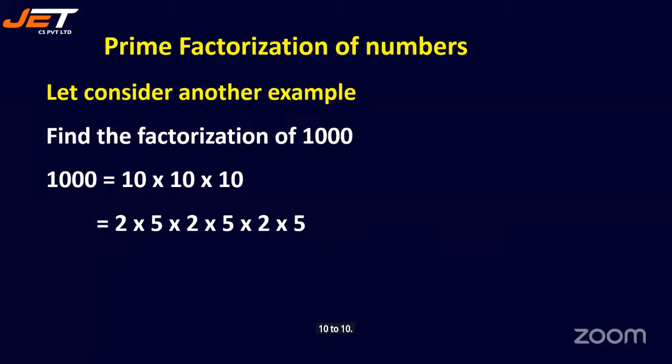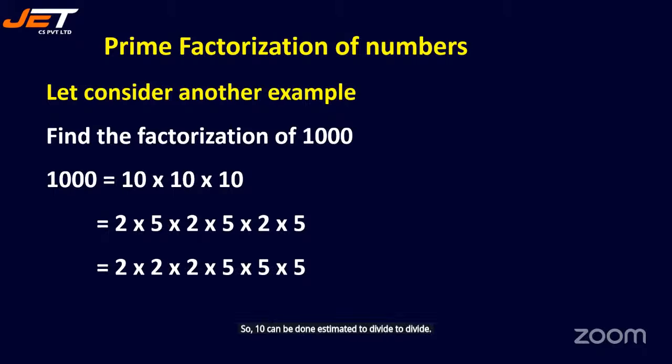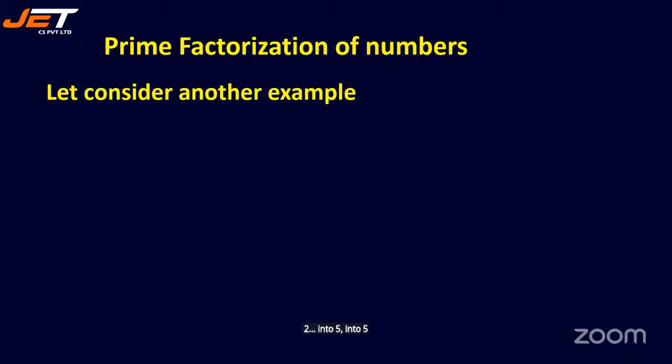So 10 can be written as 2 into 5, 2 into 5, 2 into 5. Bringing all the 2s together, you get 2 into 2 into 2 into 5 into 5 into 5. Right? Now let us consider another example.